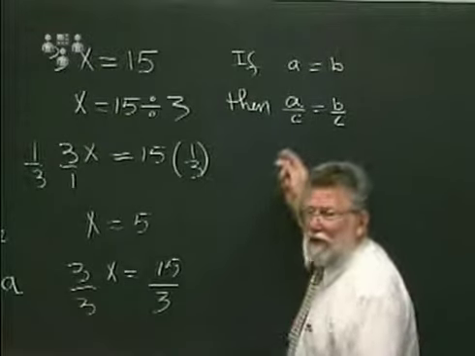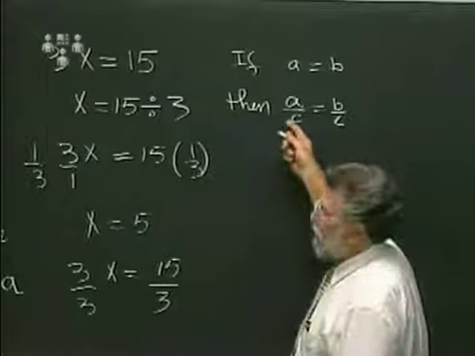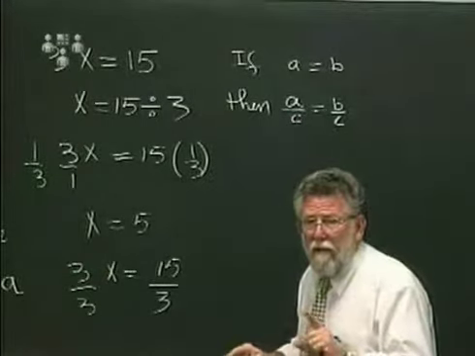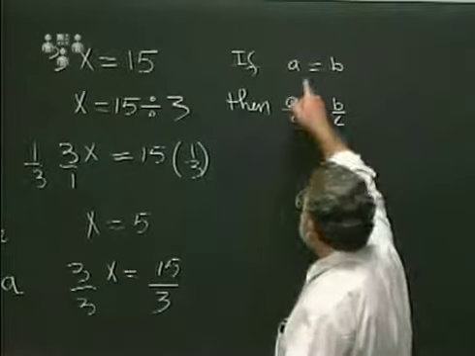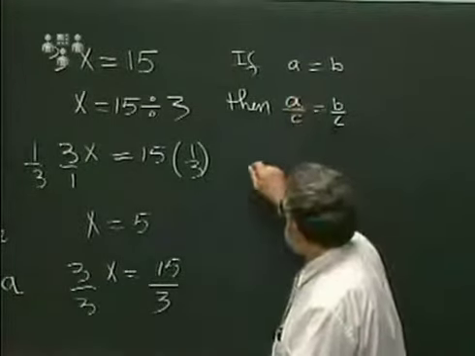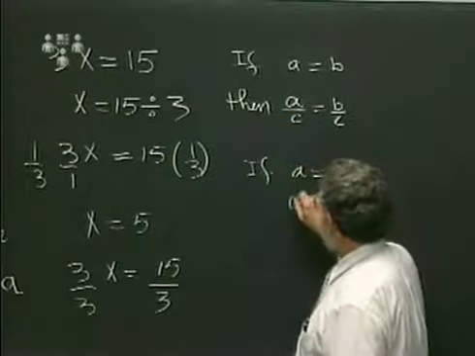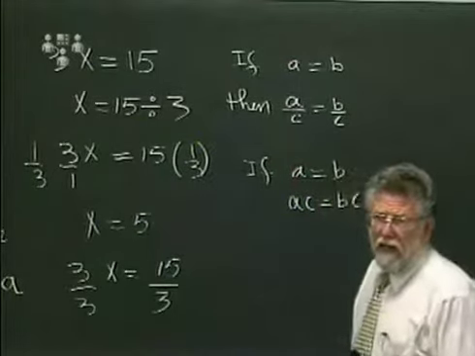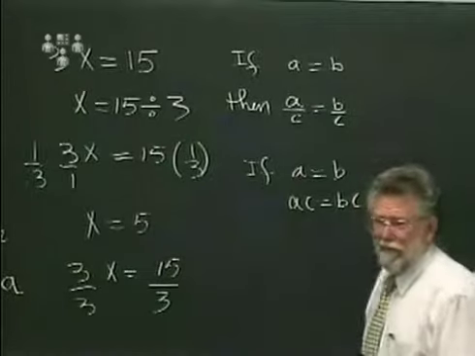Okay, so if this memory's full, just get a larger one. You're going to divide both sides by C, and it's still equal. And it doesn't matter if you divide by a positive or a negative. We sometimes say, if A equals B, AC equals BC. Multiply both sides by the same thing, and it'll still be equal.